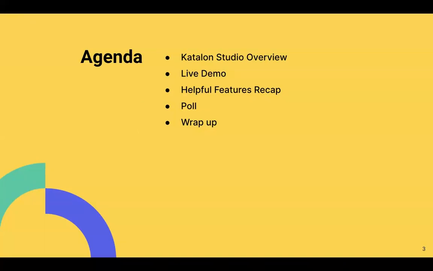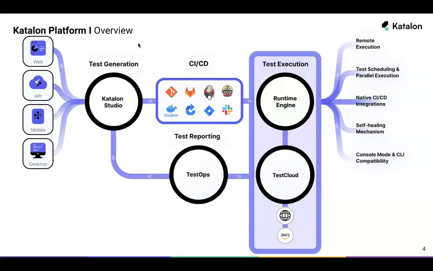So let's quickly start with the Katalon Studio overview. If you are a new user or you are using the Katalon tool, we have different products in the Katalon platform, which we can use in the different phases of testing.